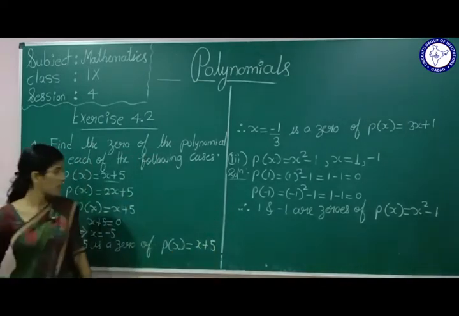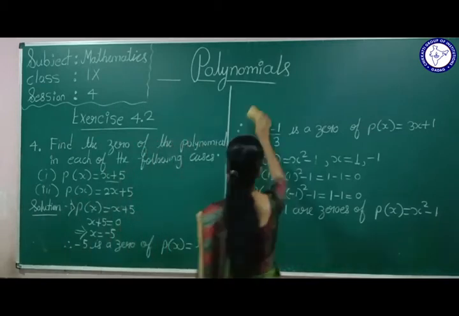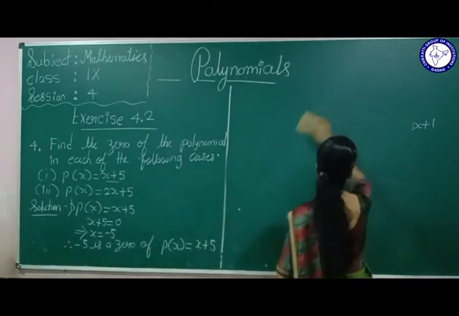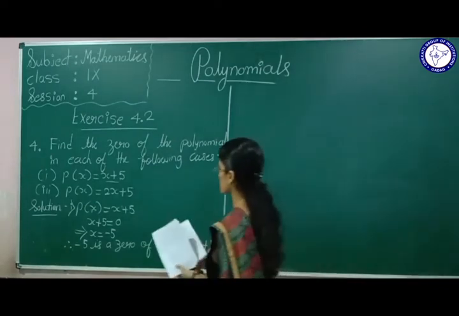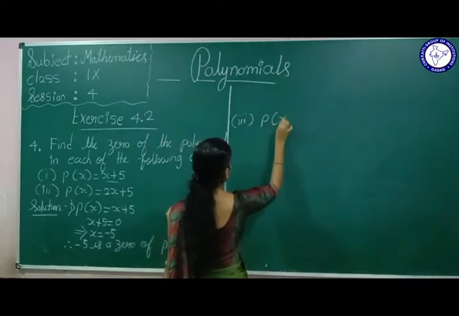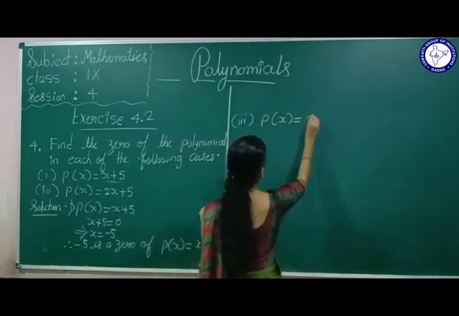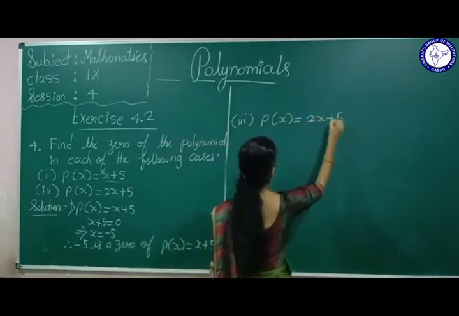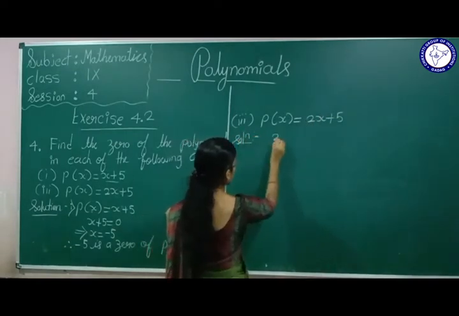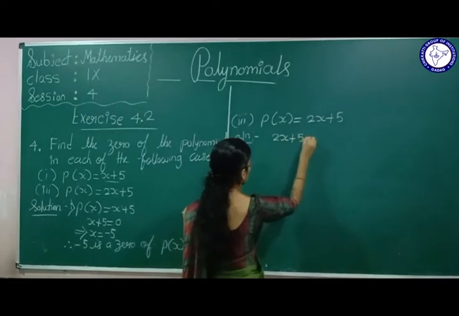Now in a similar manner, we will see the third one. P of x is equal to 2x plus 5. Solution: equate this polynomial with 0.